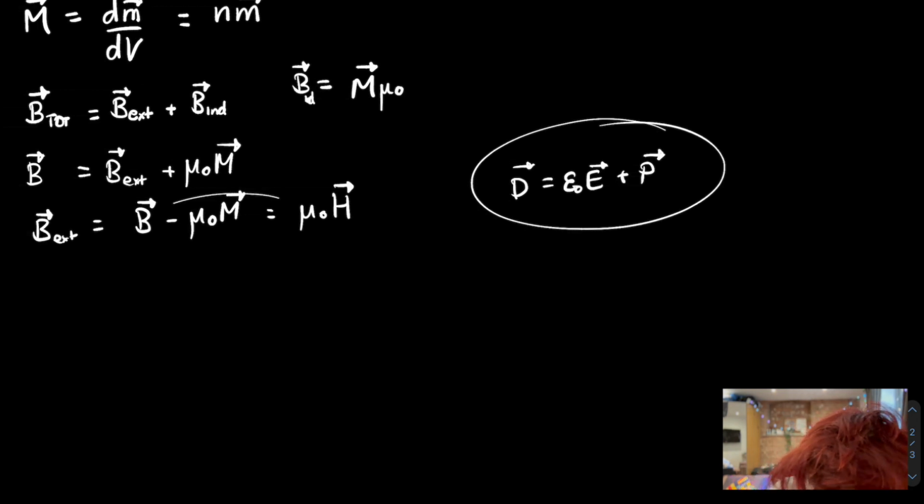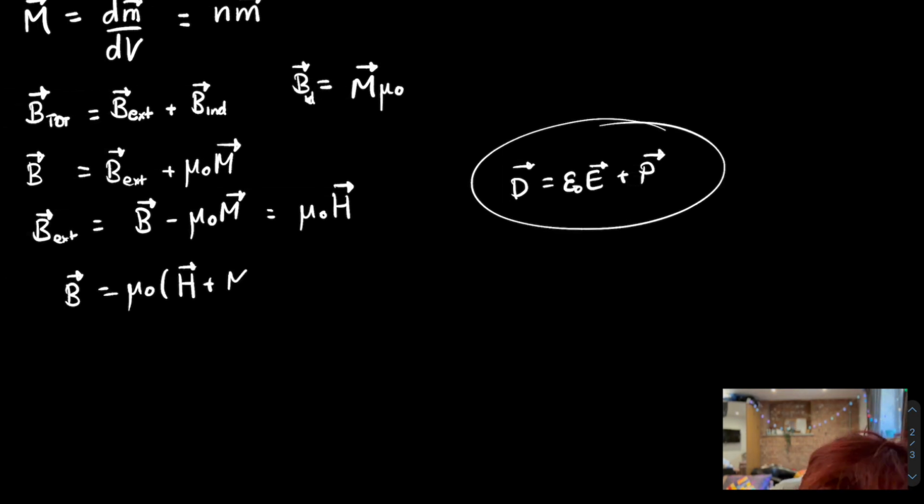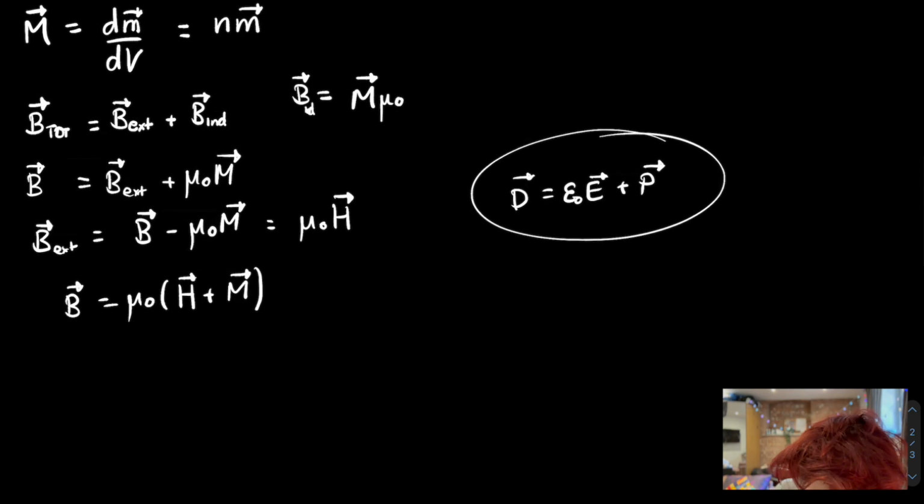If we rearrange this equation for B, we get that B is equal to mu naught into H plus M. This is slightly different to the electric relationship, because there the polarization in an electric material produced a field that counteracted the externally applied electric field, and D was the electric displacement vector, which is what would have been there without the material. But here the magnetization actually adds to the total magnetic field experienced within the material.